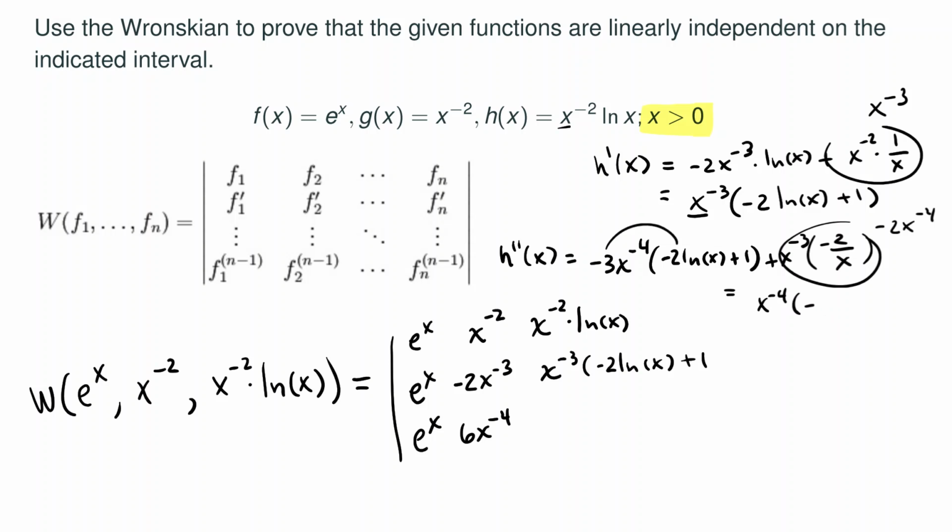Negative 3 times negative 2 becomes positive 6 ln of x. Negative 3 times the positive 1 there, minus 3. And then here we have the minus 3 minus 2, so that just combines to be a minus 5 when we combine those terms.